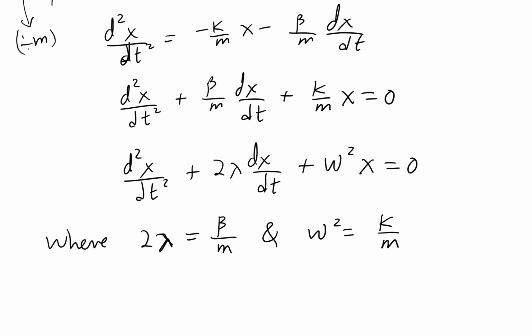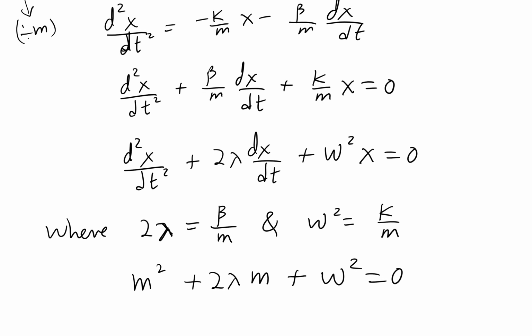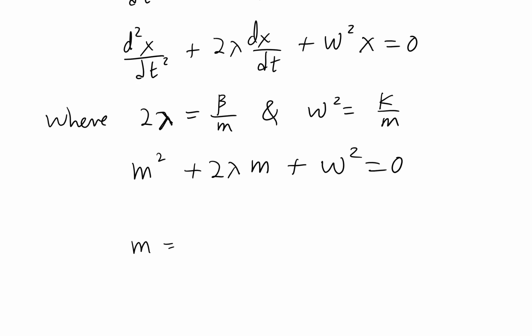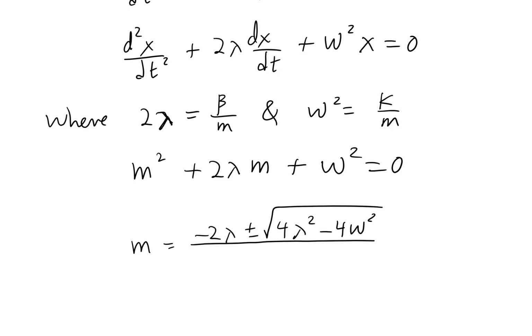Then, if you want the characteristic equation, you get m² plus 2 lambda m plus omega squared equals 0. That's the characteristic equation. To solve this, we can use the quadratic formula, negative b plus or minus the square root of b squared minus 4ac over 2a.